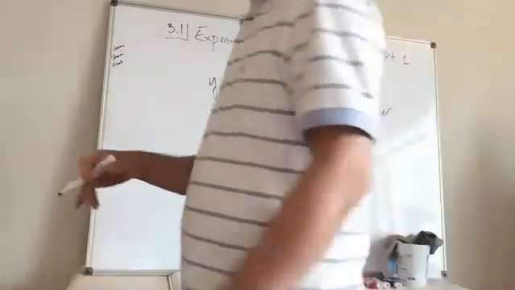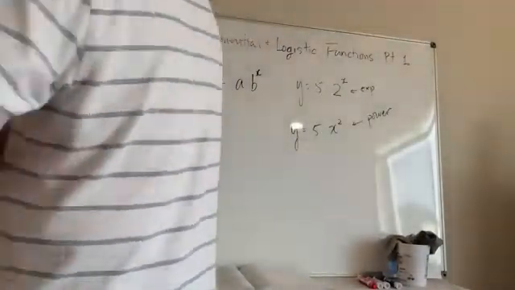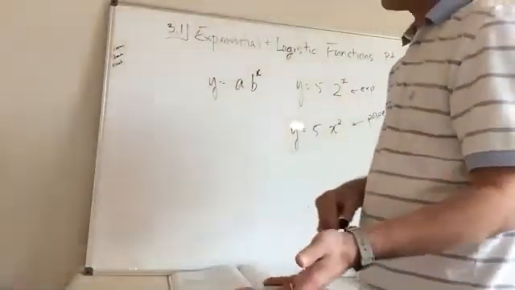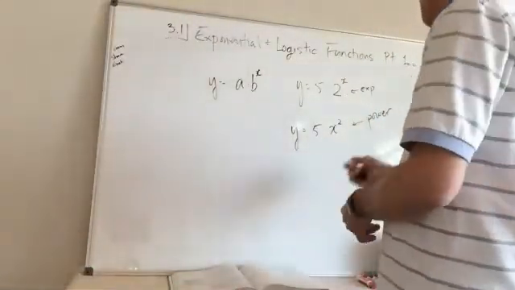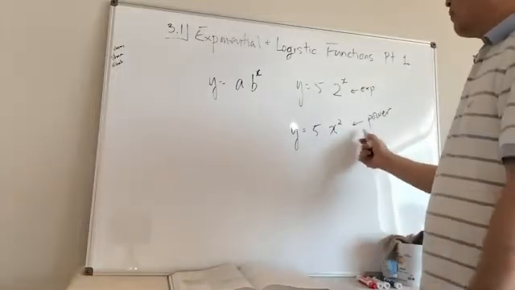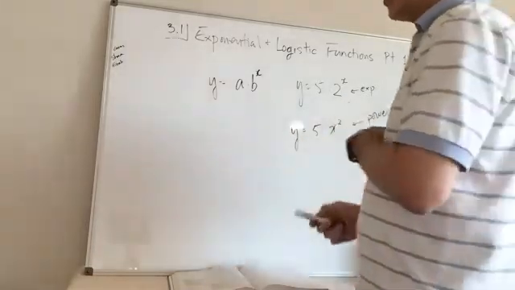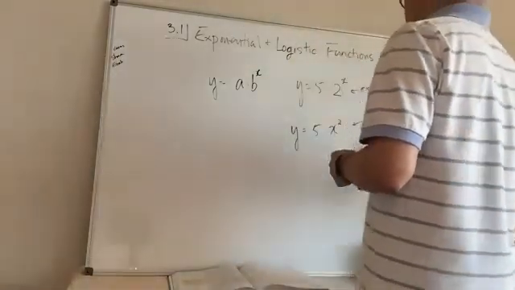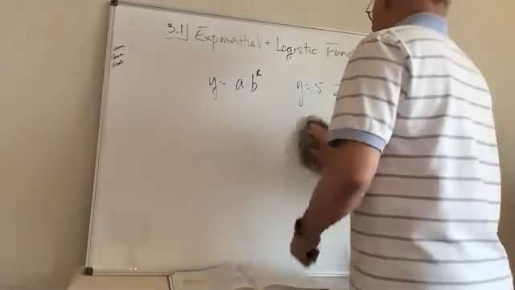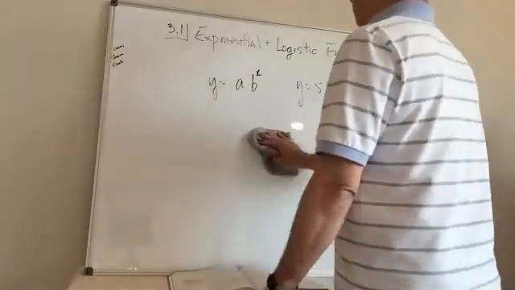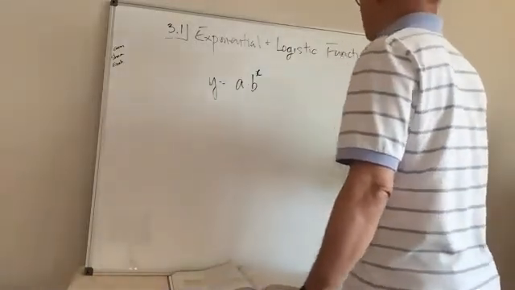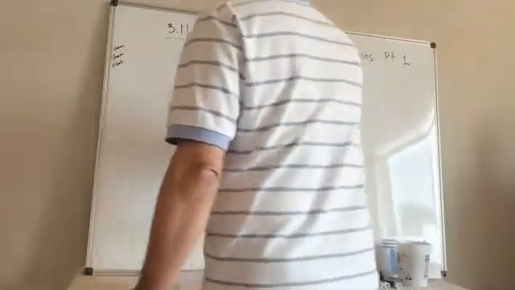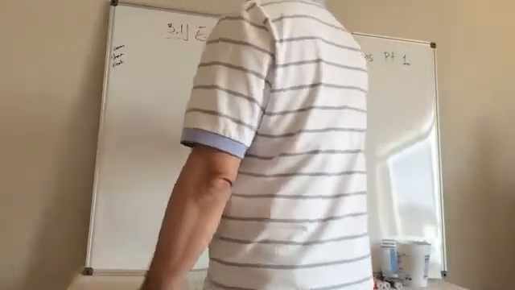Y is equal to x to the 4th. Y is equal to 6 times x to the 8th, something like that. That's a power function, right? This is an exponential function. Okay, so there's a difference there. Because in the exponential function, obviously the variable would be in the exponent. Hence, it is called the exponential function.